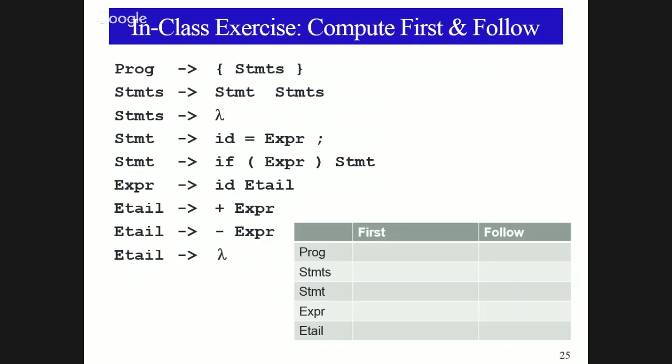Once I know what the follow is, they get the lambdas. So there are only two lambdas, e-tail and statements. But we still have to compute the follow for everything because they're related to each other. So you do that while I set up an example over here.